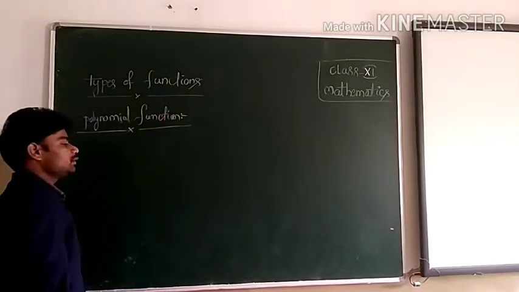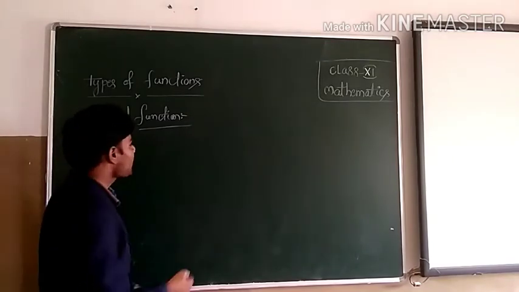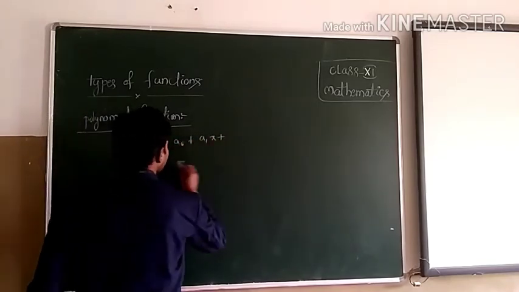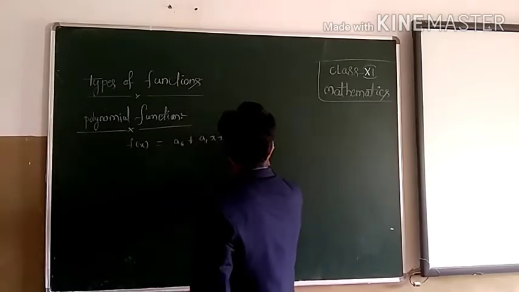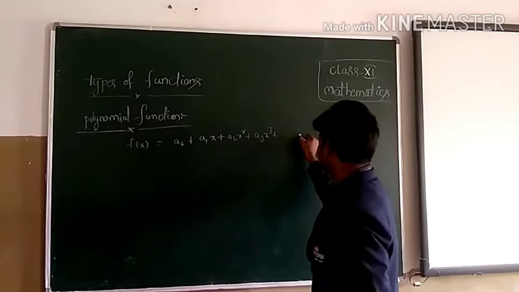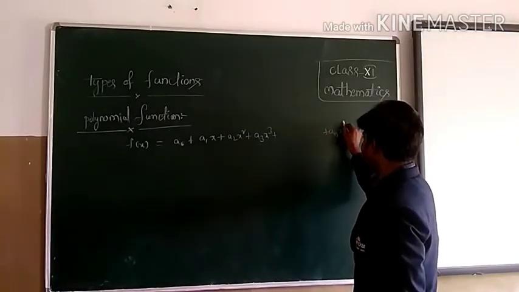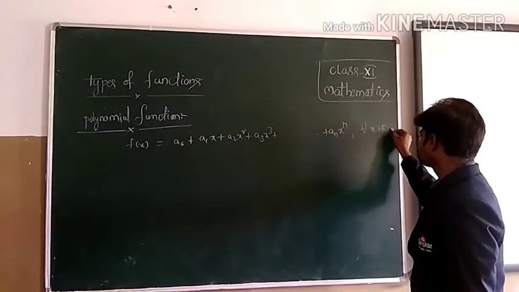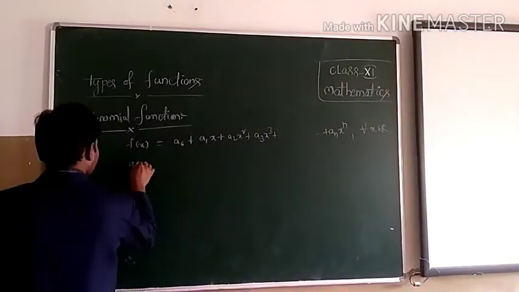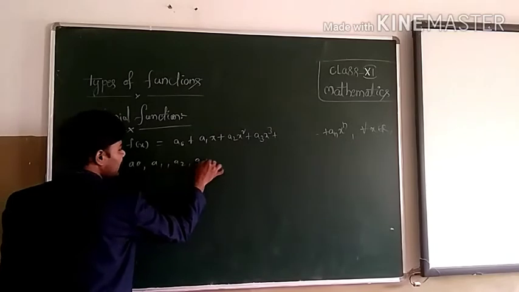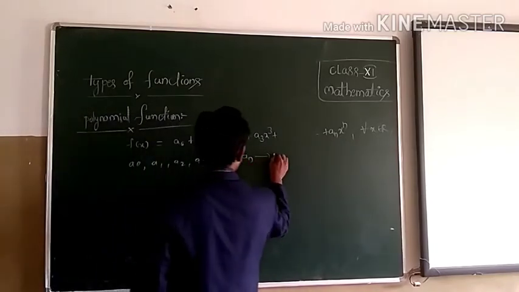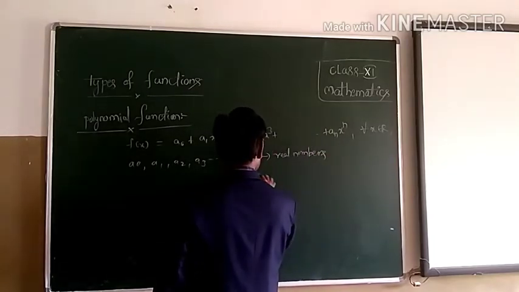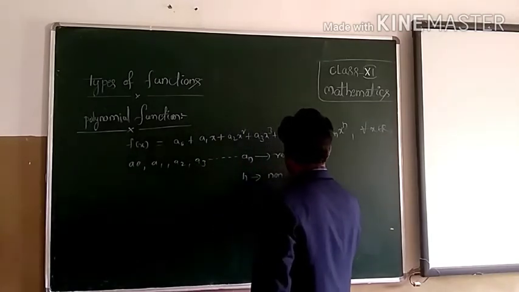Polynomial function. The polynomial function is a function defined as f of x is equal to a0 plus a1x plus a2x square plus a3x cube plus, and so on, up to an x power n, for all x belongs to R, where a0, a1, a2, a3, up to an are real numbers, and n is a non-negative integer.